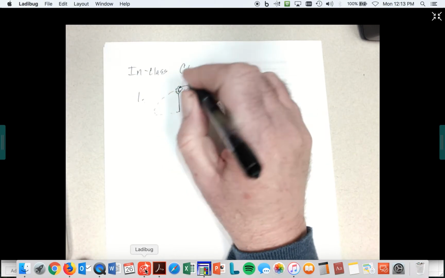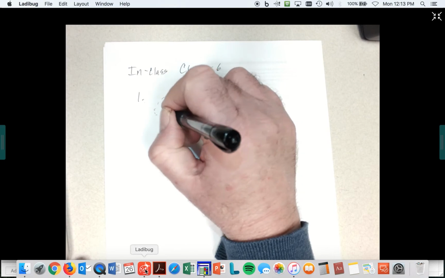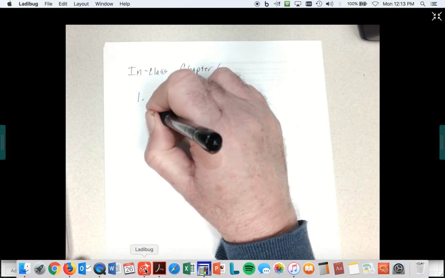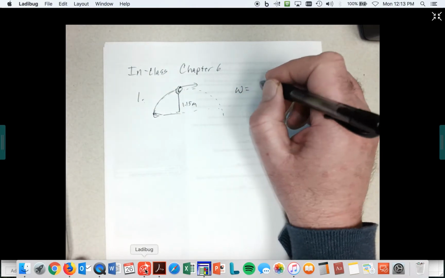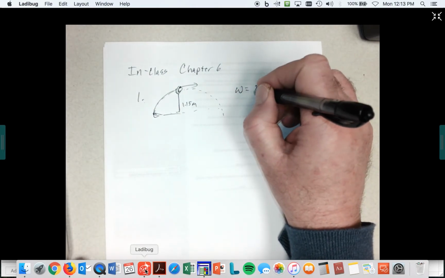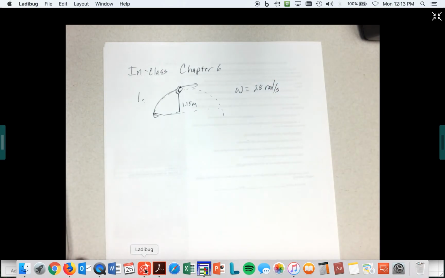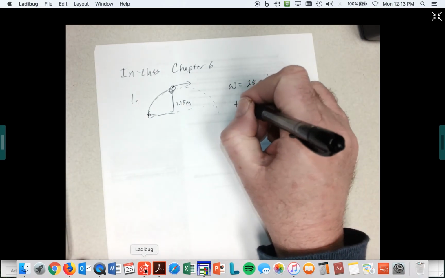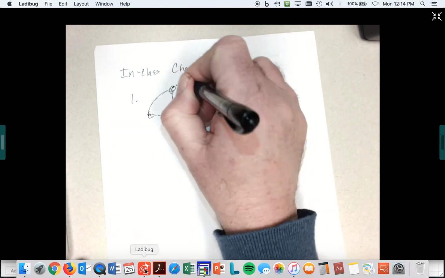This is 1.15 meters. It probably started down here and is rotating at an angular speed of 28 radians per second. That's the angular speed. Now we want the tangential speed, V.